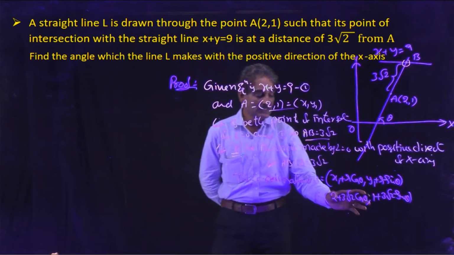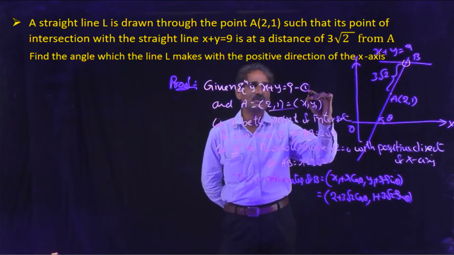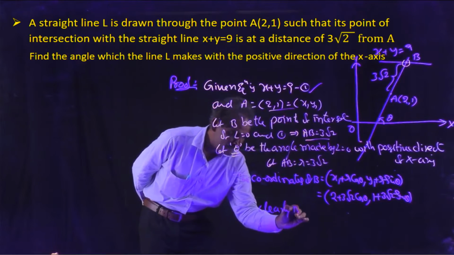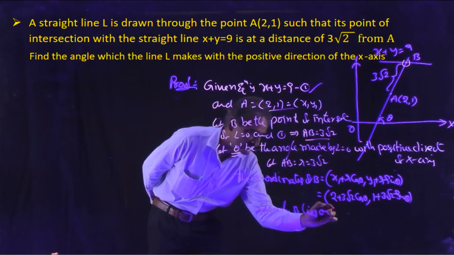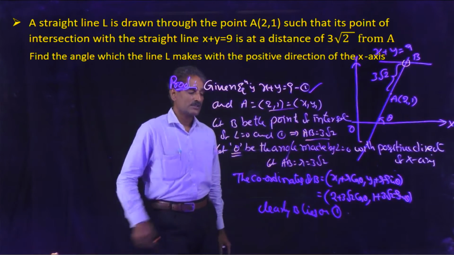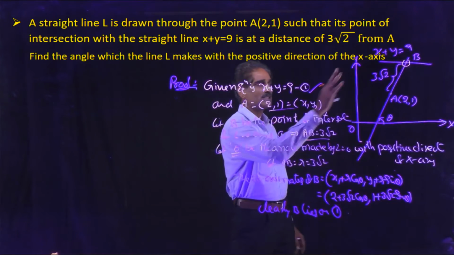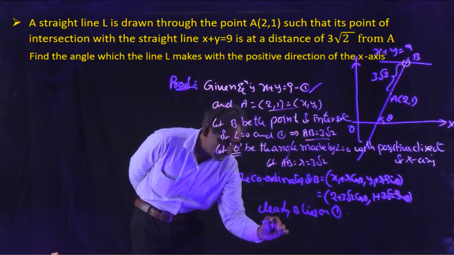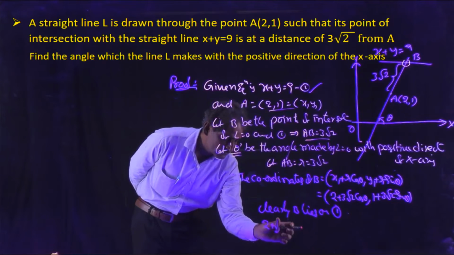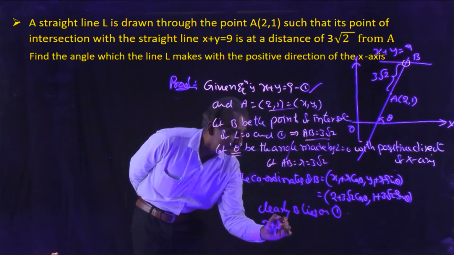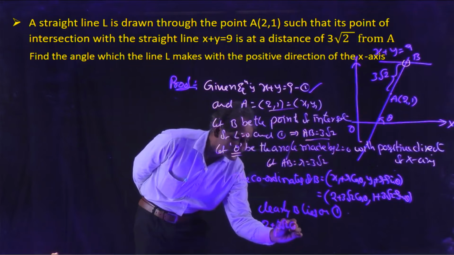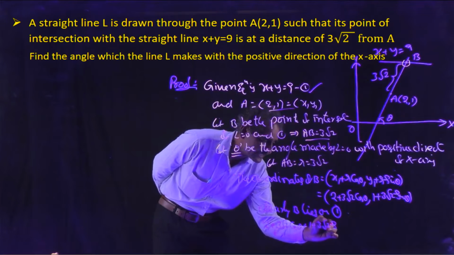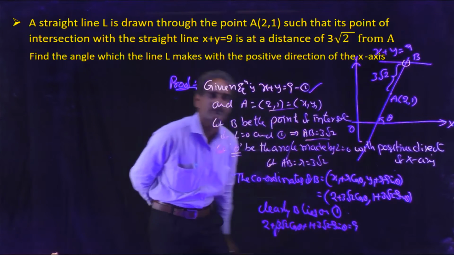Okay, clearly this point B lies on equation 1. Substitute these points in equation 1. Then we will get the x value as 2 plus 3 root 2 cos theta, plus the y value 1 plus 3 root 2 sin theta, is equal to 9.